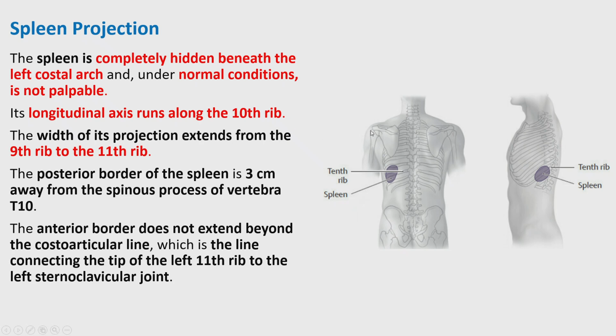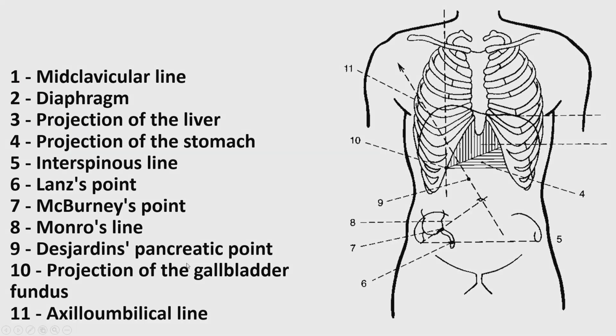So the width of the spleen is located between rib number 9 and rib number 11, but the axis is parallel with rib number 10, which is also called the splenic rib. This is the first thing that is important. Those are the lines that you have here for the recapitulation, and one by one I am going to discuss them hopefully.